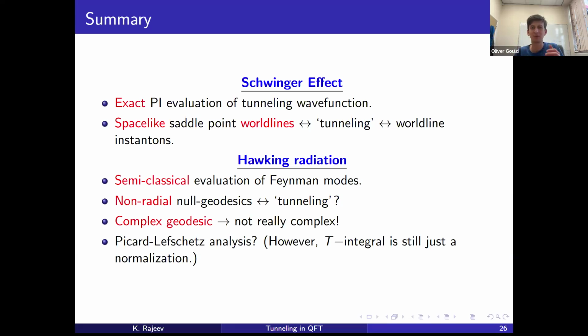They're perfectly real, but just don't satisfy the equations of motion. But which of those real field configurations are important for the tunneling process? Yeah, I don't know. Maybe it's more difficult in that case because there are more dimensions to play with. Yeah, I would imagine.